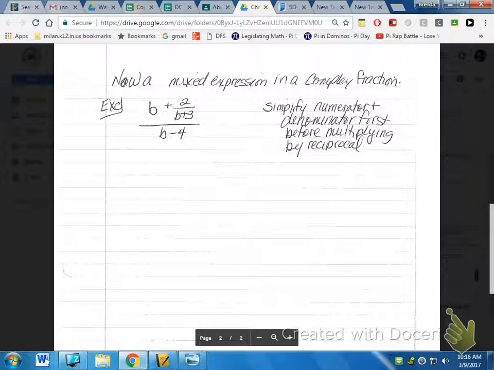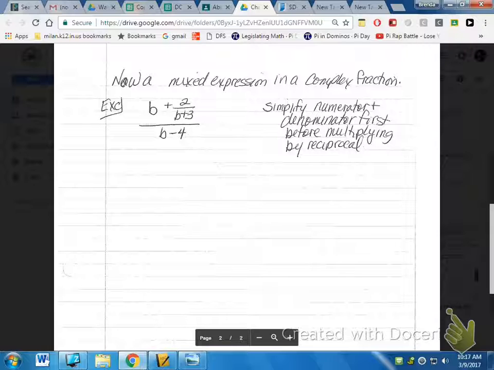You have to simplify whatever happens to be in that numerator to make it just a regular fraction. Do the same thing in the denominator if needed. And then take the problem, break it apart into a division problem like we just did, the numerator divided by the denominator, and then multiply by the reciprocal.